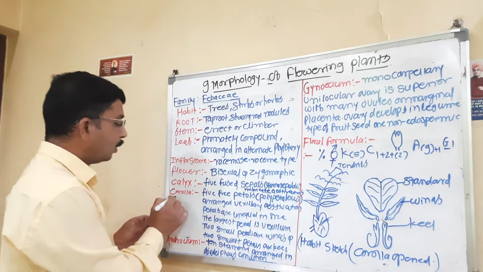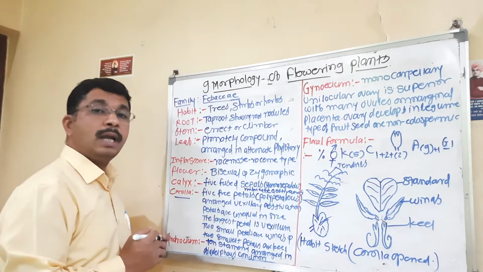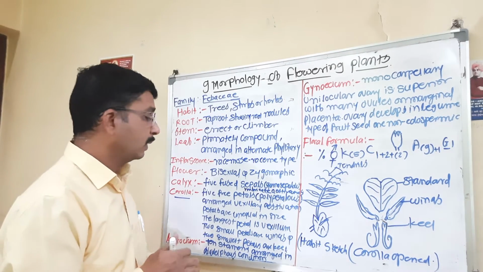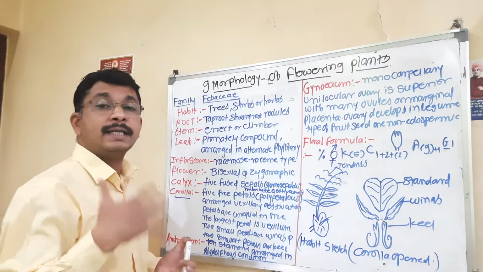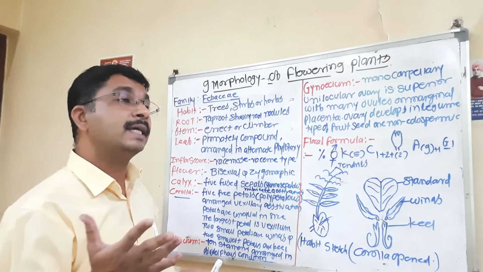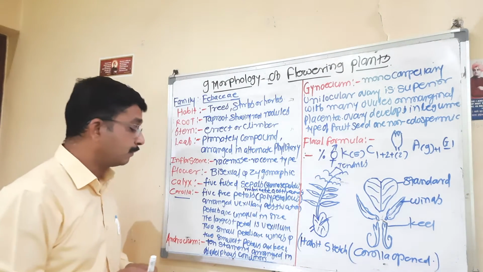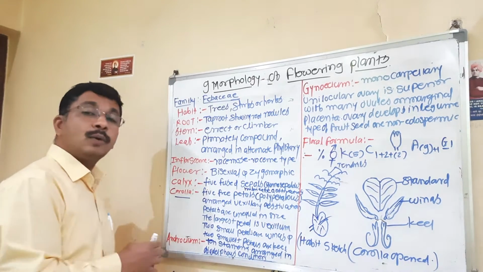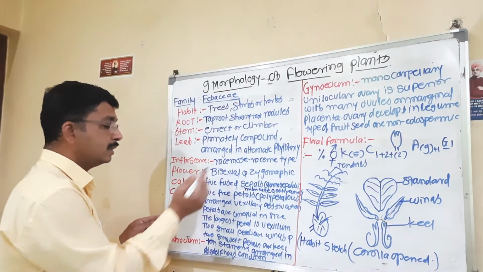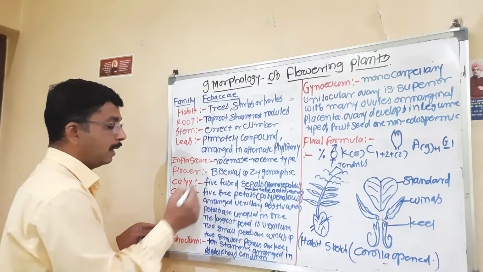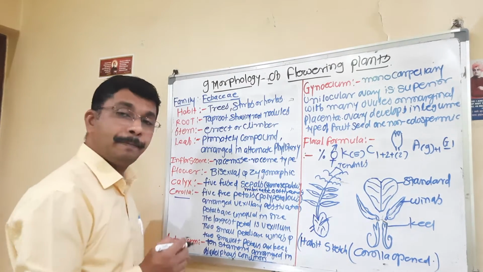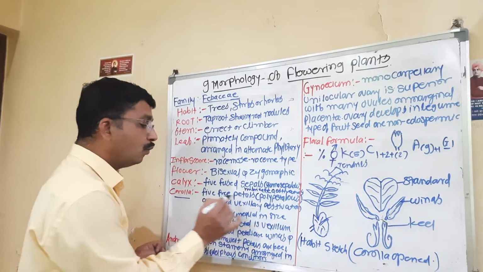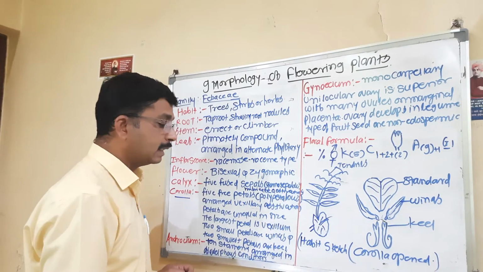Then corolla. Corolla is also an accessory whorl. It is bright in color and attracts insects for the purpose of pollination. Then how does the corolla look? In this particular plant, the corolla has 5 free petals.